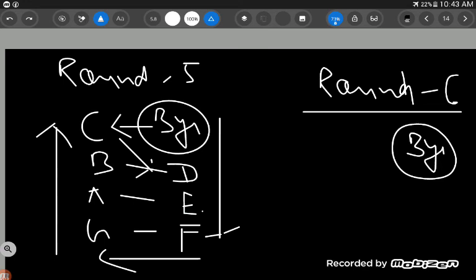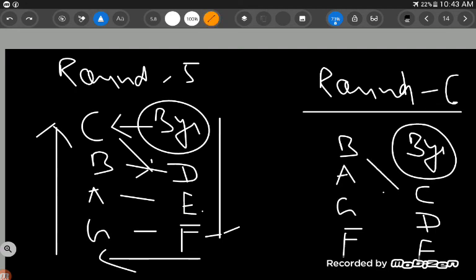When it is rotated, C will come at the place of D and B will come at the place of C. Remaining teams will rotate. After C, D, then E, then F, then G, then A. Draw here the arrow.